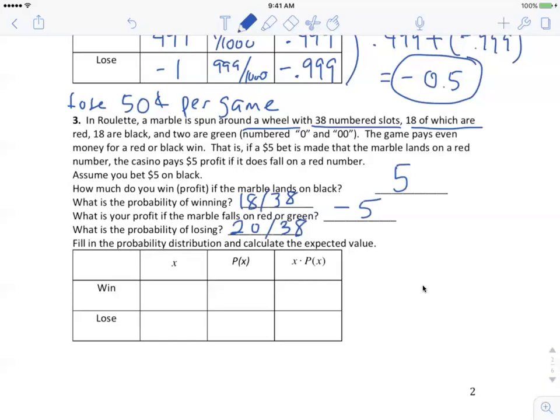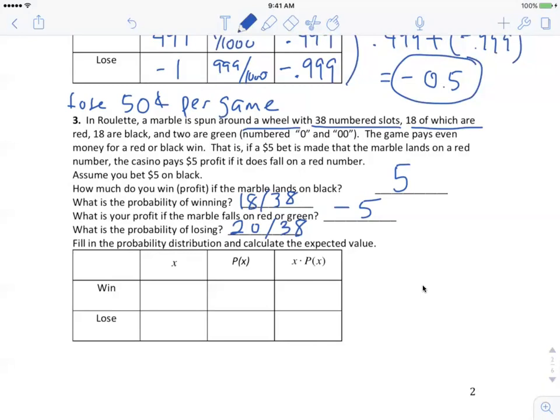You're like, oh, well, let's not bet on black, let's bet on red. And it would be all the same if you bet on red, okay? So there's no decision you can make here for you to have a positive expected value. No matter what your decision is, you will have a negative expected value, and we'll see exactly and precisely what that negative expected value is by doing this table.